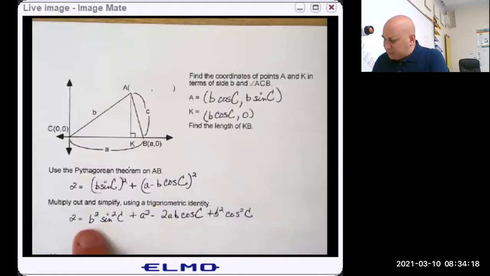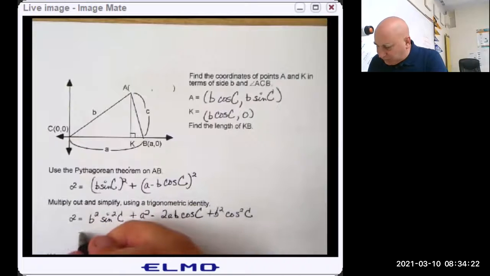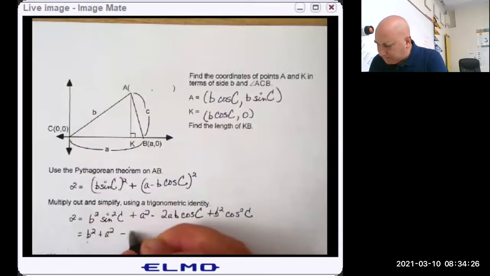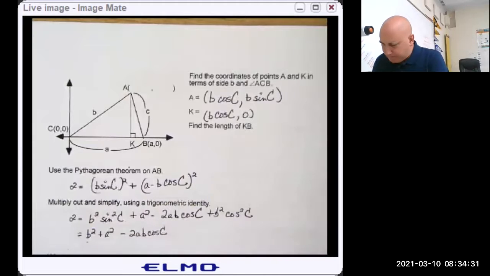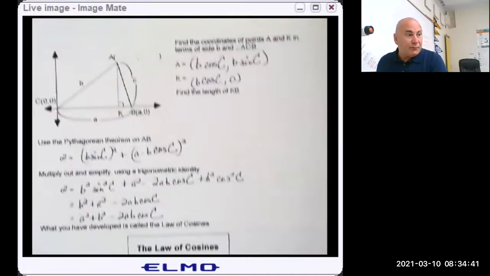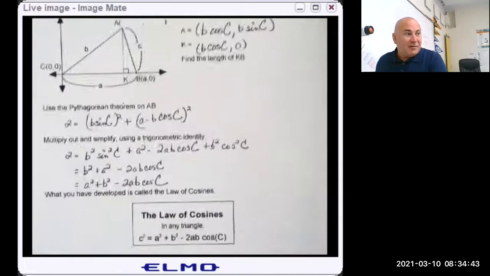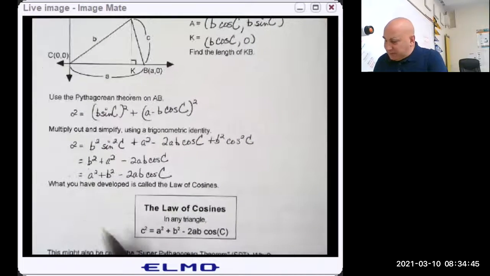You factor a b squared out of those two, and you're left with b squared times 1, which is just b squared. So c squared equals a squared plus b squared.